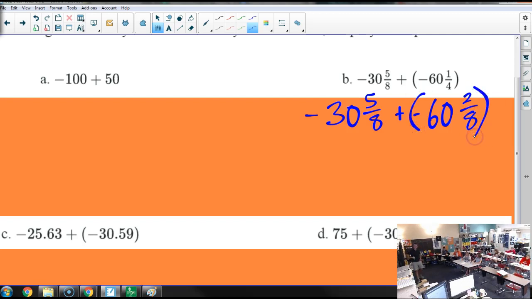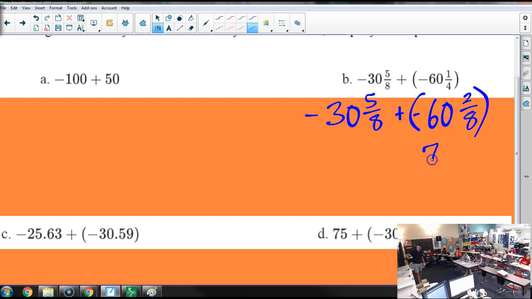Now, if they're adding with each other, can I work with these mixed numbers, or do I need to make them improper? We can actually work with these, because now that I've got common denominators, can I put 5/8 with 2/8? Yeah, and remember, they're teaming up. I know they're negative, but they're both negative.